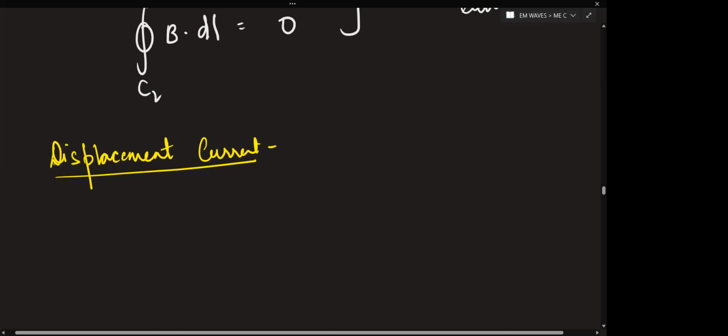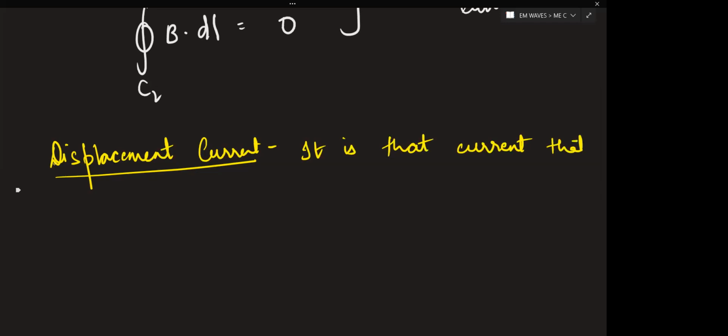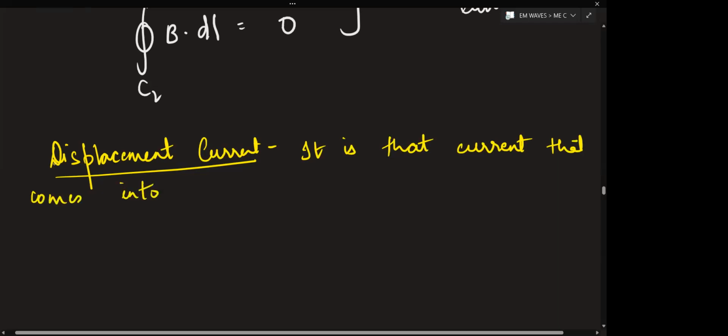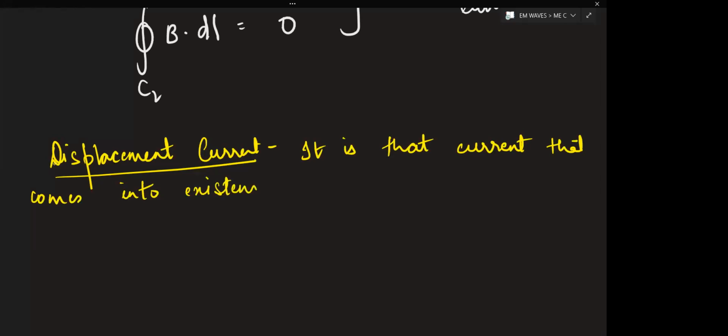So displacement current is that current that comes into existence in addition to the conduction current.